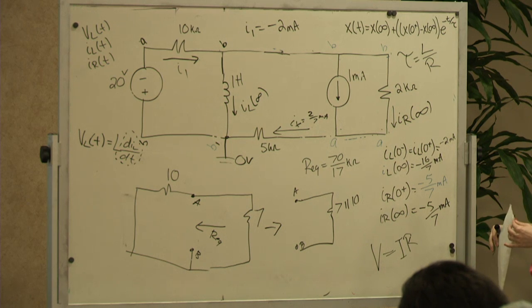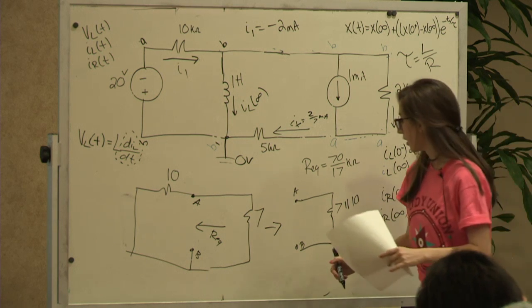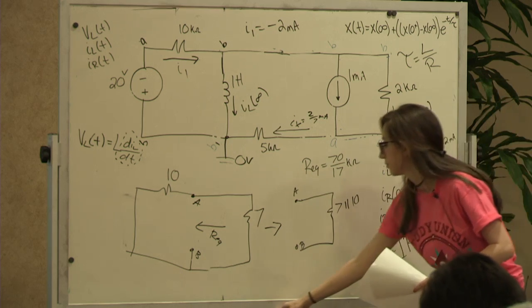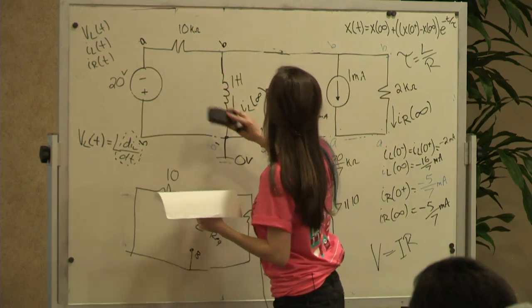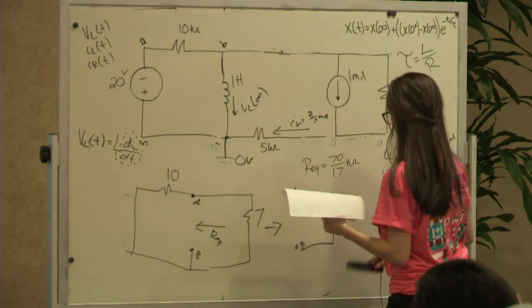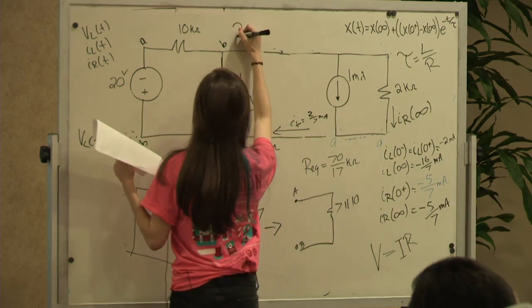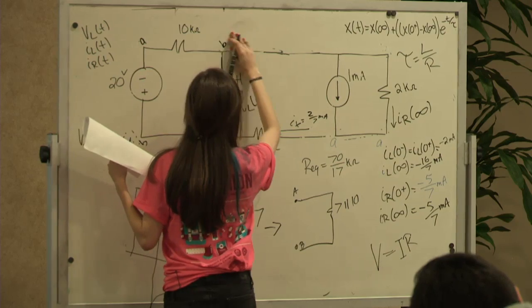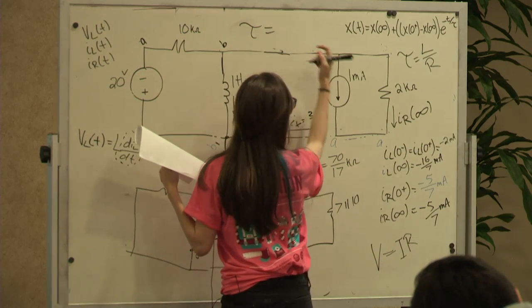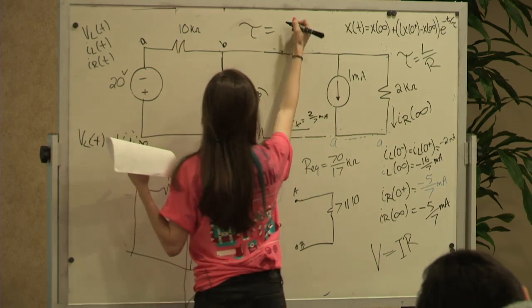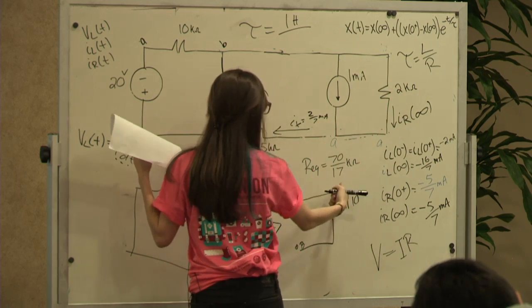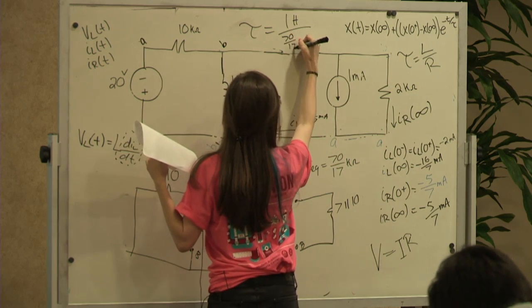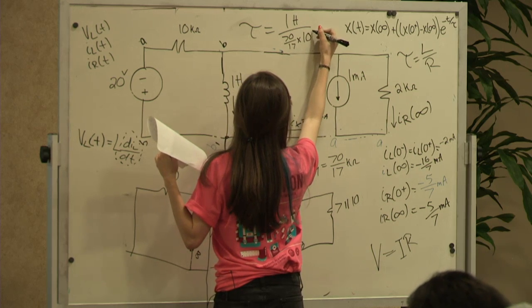All right, still not done. Tau is now going to be L, it's already in Henrys, so we don't have to convert it, over R, which is 70 over 17 times 10 to the third.